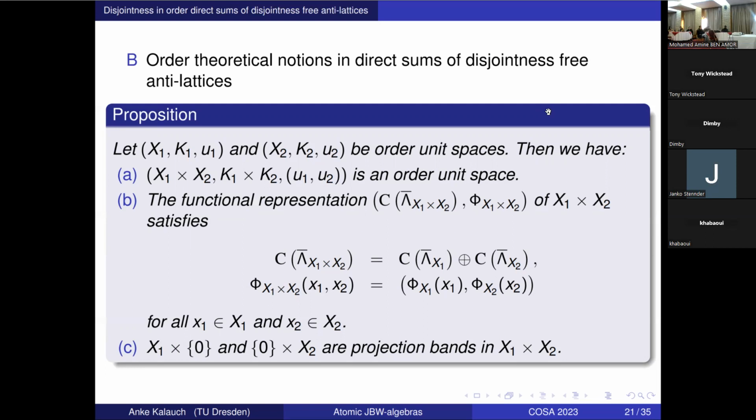If we have two order unit spaces, we can look at the Cartesian product and get in a very natural way the functional representation of the Cartesian product of the two spaces, as a direct sum of the functional representations of the spaces on their own. And the nice thing is that the spaces on their own are projection bands in the sense of Glück.